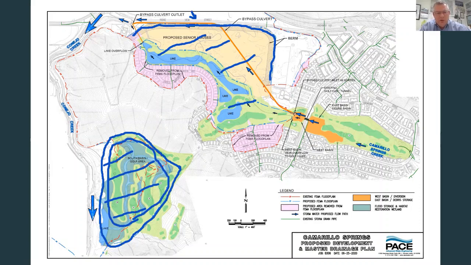So the golf is the green areas, and the blue areas in between will be flooded with smaller storm events. 5-year events will come in and flood those. The tees and the greens all stay up above the 100-year event. But the fairways, in a 20-year event, will start to see some water on those.